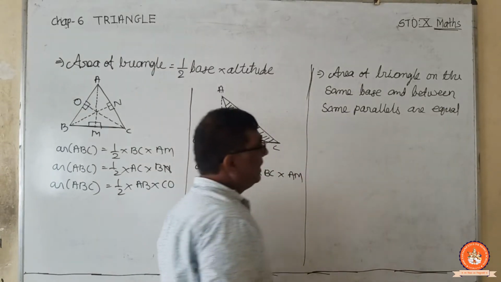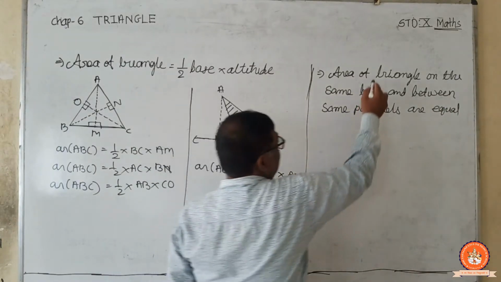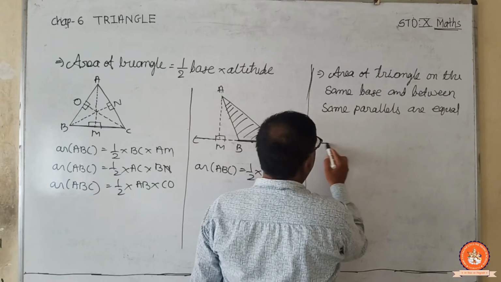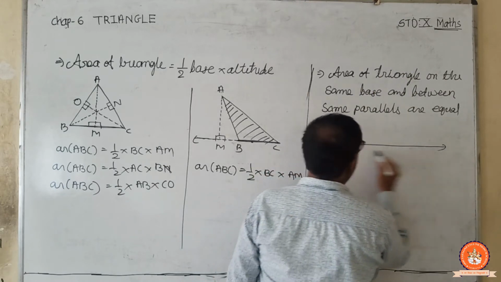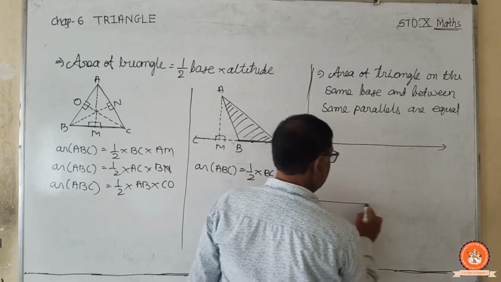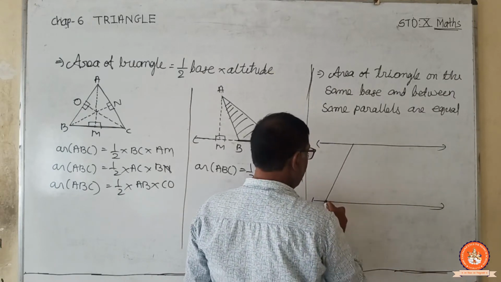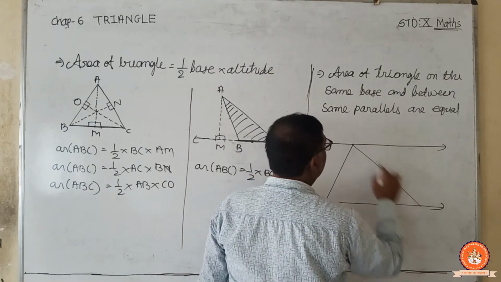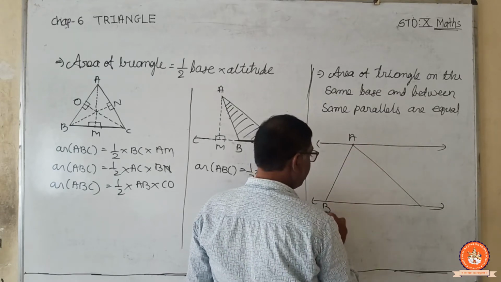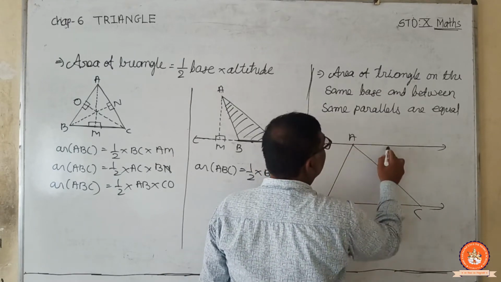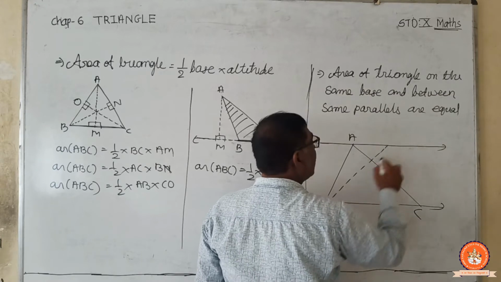Area of triangles on the same base, look at it, there are two parallel lines. And this one is triangle ABC, this one is triangle EBC.